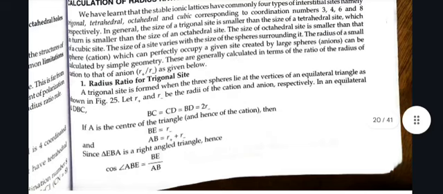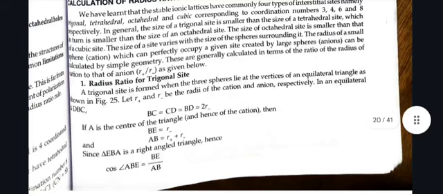A triangular site is formed when 3 spheres lie at the vertices of an equilateral triangle as shown in figure 25. Let r+ and r- be the radii of cation and anion respectively in an equilateral triangle DBC. BC equals CD equals BD equals 2r-.